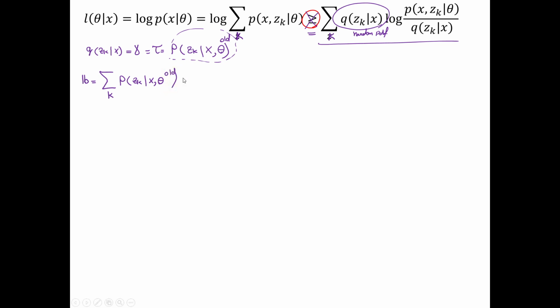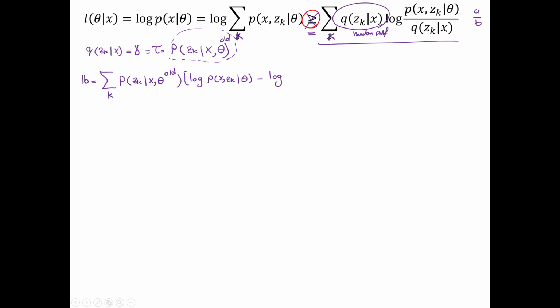Multiply by what? Log of A over B becomes what? Log, help me. P of x, zk given theta minus log of, we should not write q of zk given x.